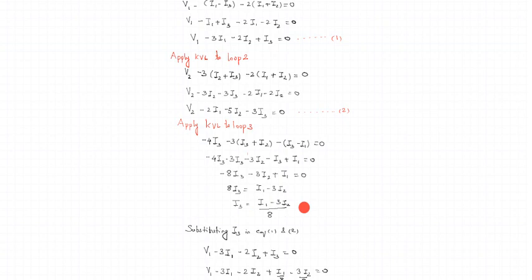The next thing is we substitute this I3 equation in equations 1 and 2, so that we get V1 associated with only two currents, I1 and I2, and similarly when we substitute this in equation 2, we get V2 expressed in terms of I1 and I2.